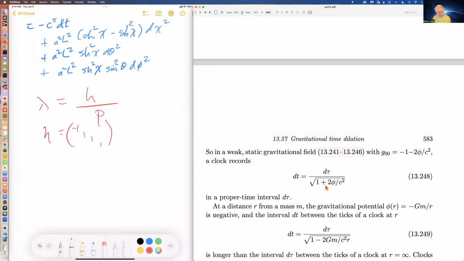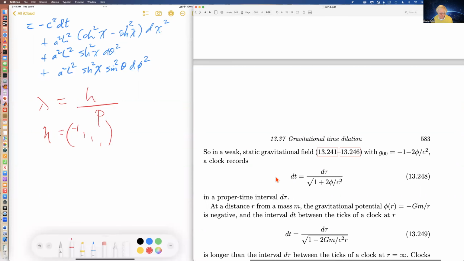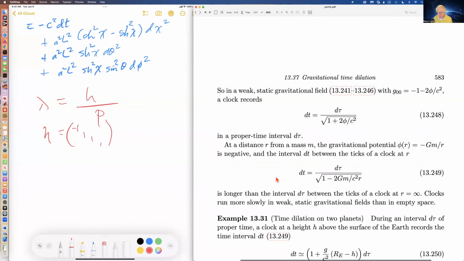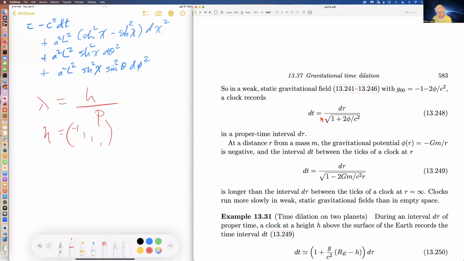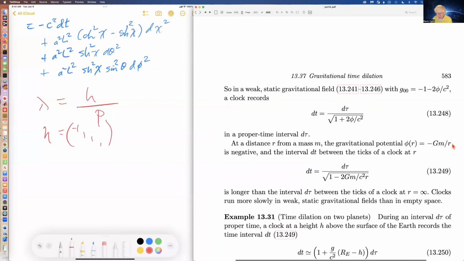So let me try to get this straight now. If we're distance r from a mass m and phi is minus GM over r, this is negative. What we get is this expression here.